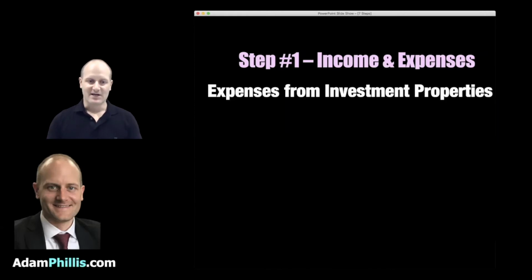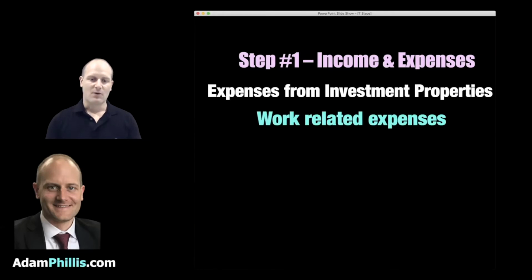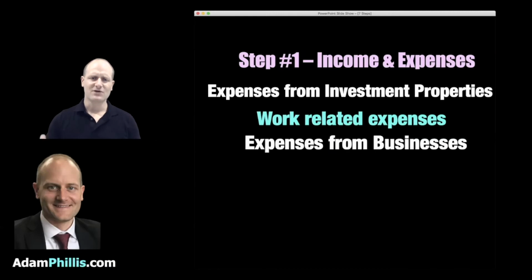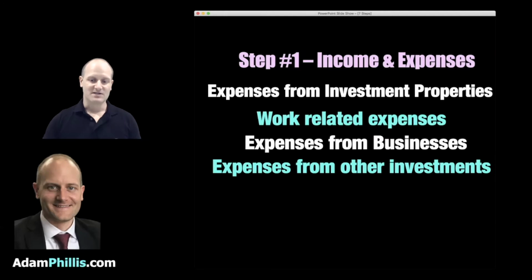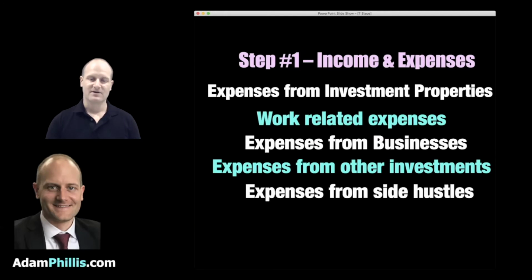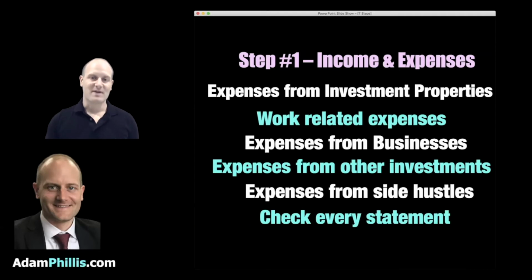So what we want to do is get all the expenses relating to our investment properties. Want to find out, what are all those work-related expenses as well. Expenses from our businesses. Want to look at expenses from other investments that we have. Expenses from your side hustles. And what we want to do is make sure we're checking every single statement and we've got all those expenses ready to go.